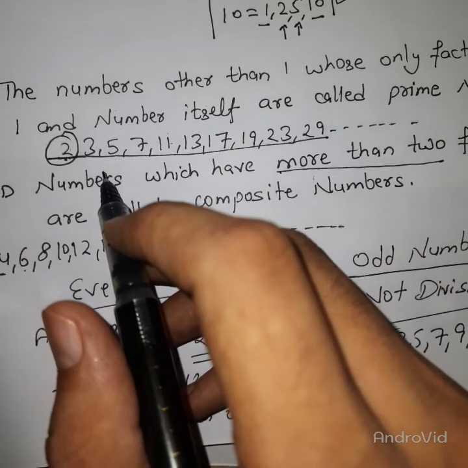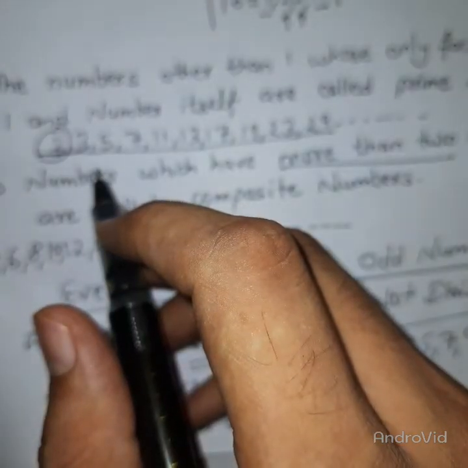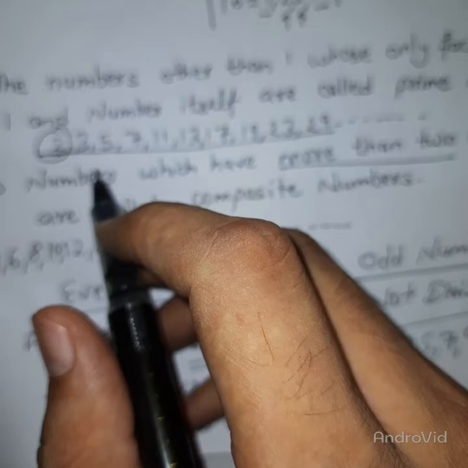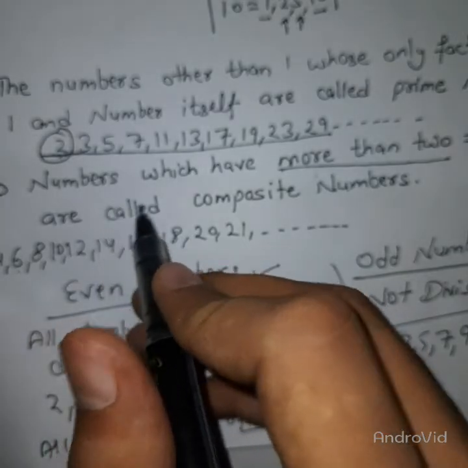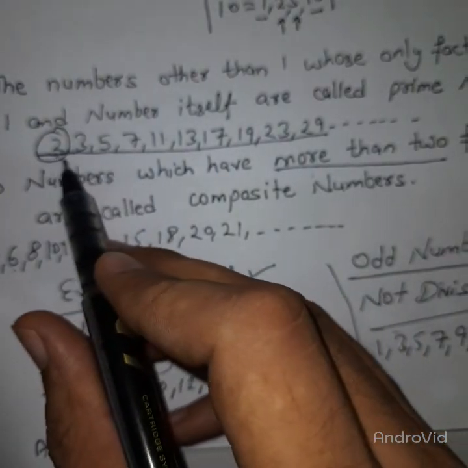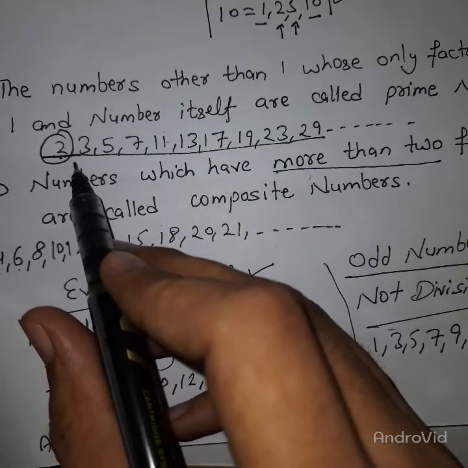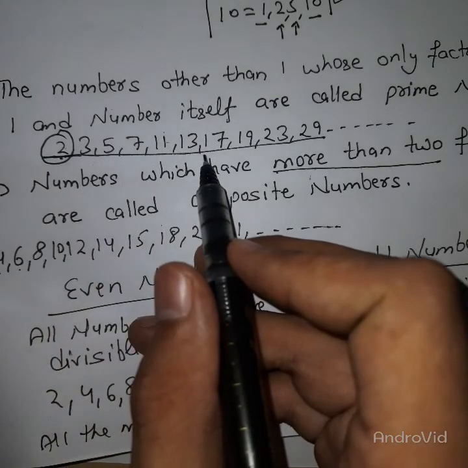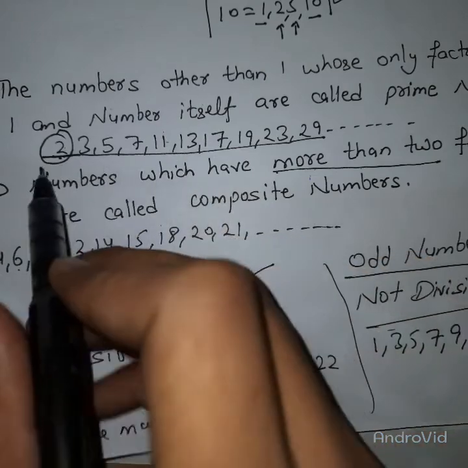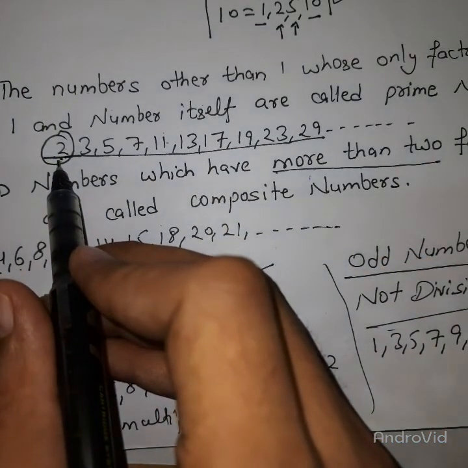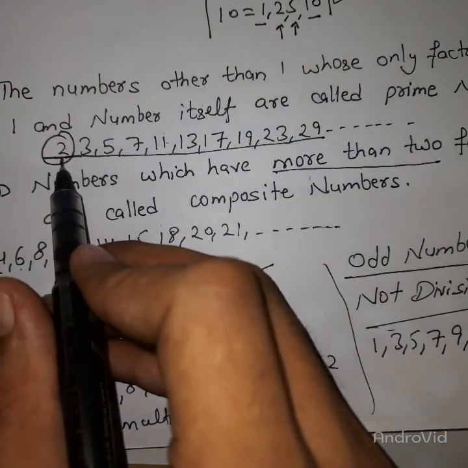Every prime number except 2 is odd. 2 को छोड़ के जितने भी प्राइम नंबर्स होते हैं वो सभी प्राइम नंबर्स कैसे होते हैं? ओड होते हैं. You have to keep in mind that 2 is the only even prime number.